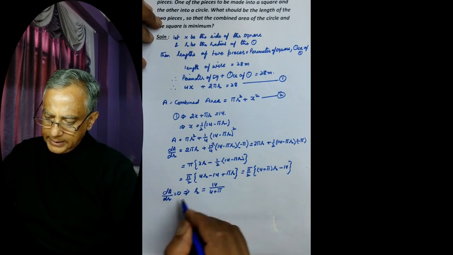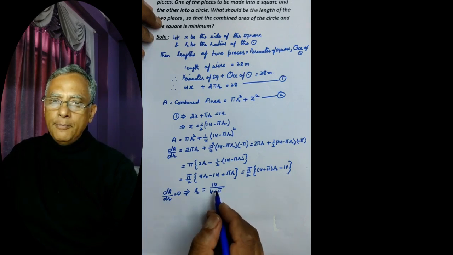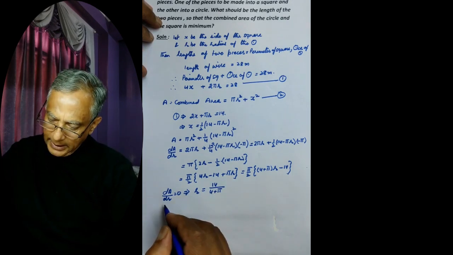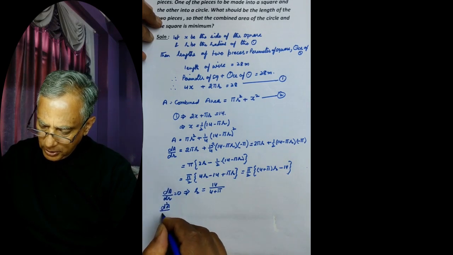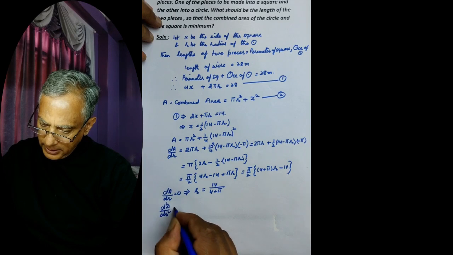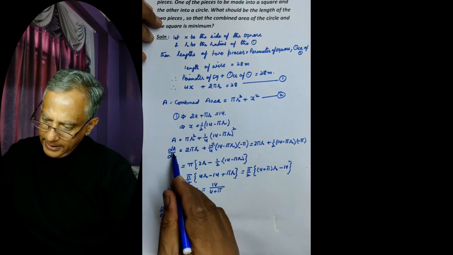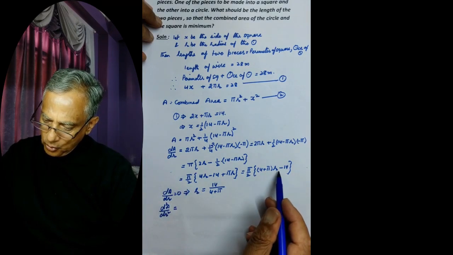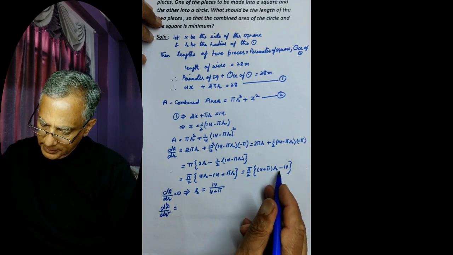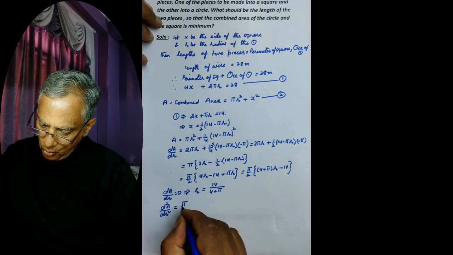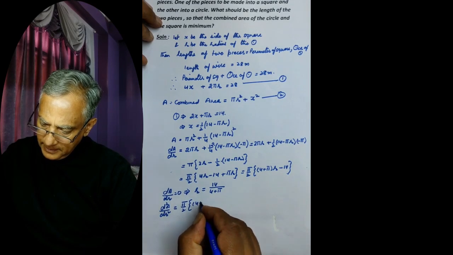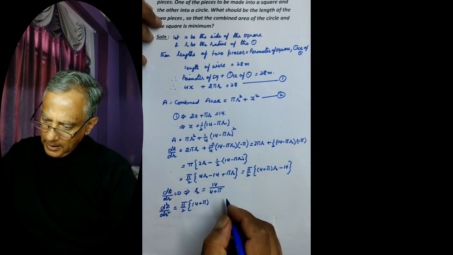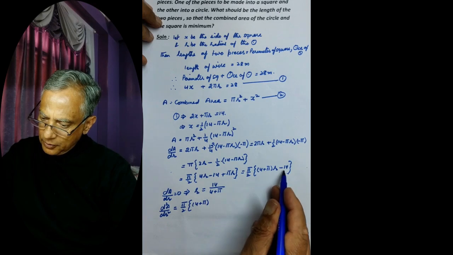Now we will show that this is a point of minima. To show that this is a point of minimum, we find d2A by dr square. d2A by dr square is the derivative of dA by dr, so second derivative of this will be pi by 2 into differential of this, which is 4 plus pi, and differential of r is 1 and differential of 14 is 0.